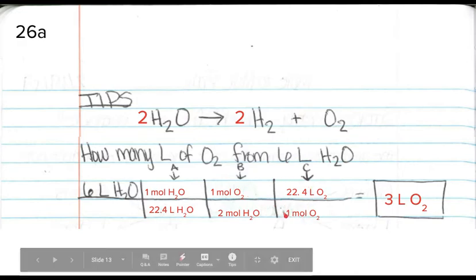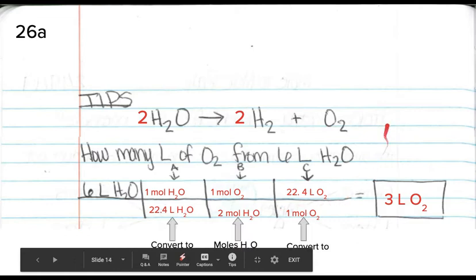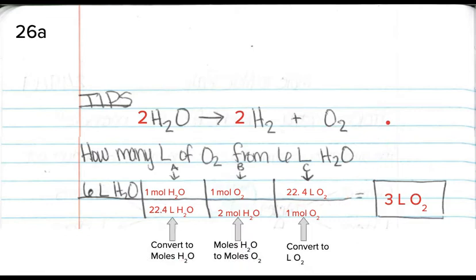And in that case, you always use the conversion factor that 22.4 liters is equal to 1 mole. Okay? So once again, these are going to be your steps every time for these problems. First, convert to moles, then use your mole to mole ratio, and then convert to liters. Okay? Thank you.